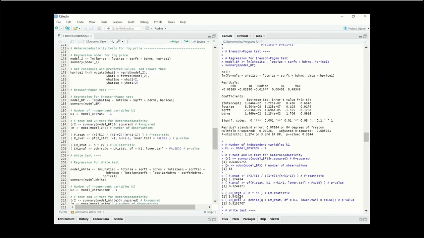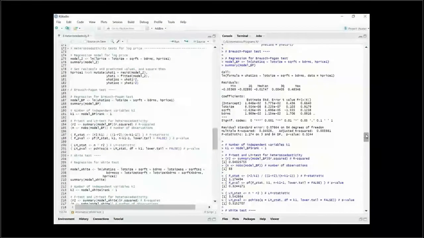And for the LM statistic, multiplying n times R squared, this will be the LM statistic, and that's the p-value. So looking at the p-value, that's greater than 0.05. So basically, we have the coefficients are not jointly significantly different from 0. And we basically have that we have the case of homoscedasticity.